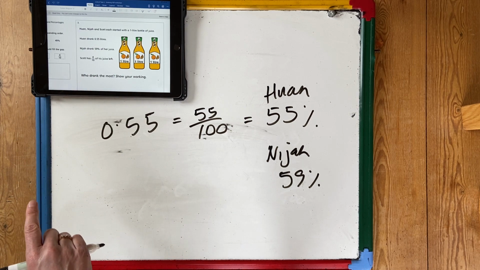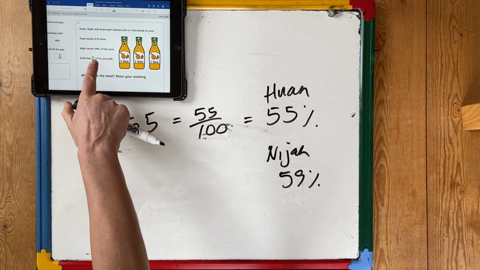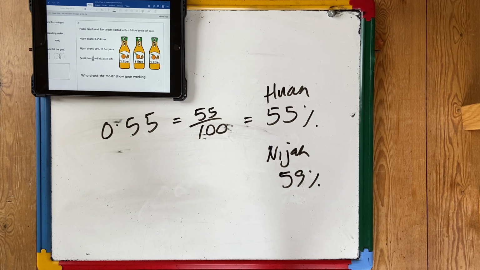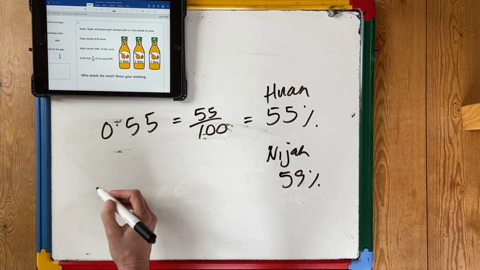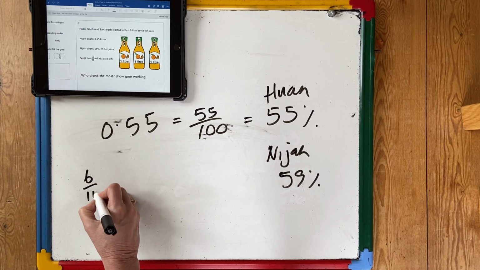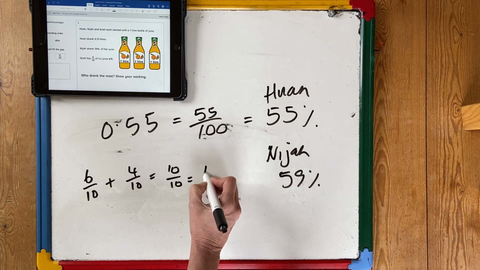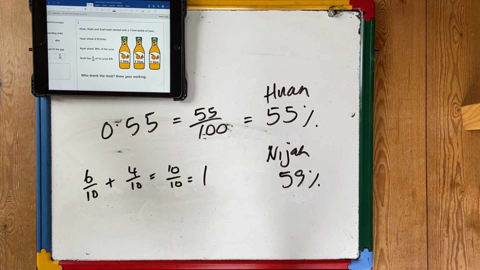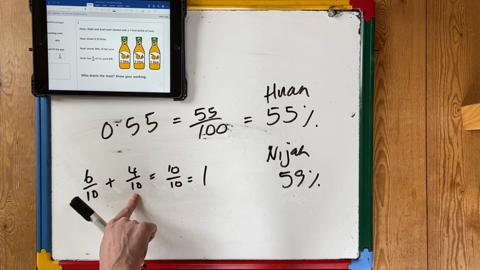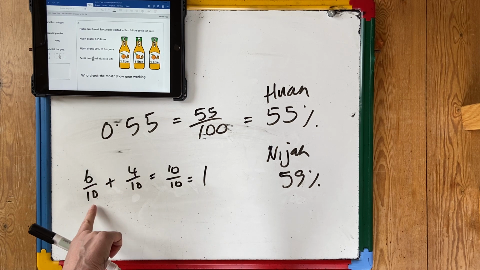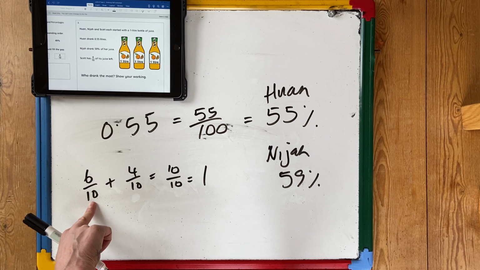Scott has 4 tenths of his juice left. So if he's got 4 tenths of his juice left, how much did Scott drink? Well, 6 tenths add 4 tenths equals 10 tenths, or a whole. He's got 4 tenths of his juice left, which means that he's drunk 6 tenths.